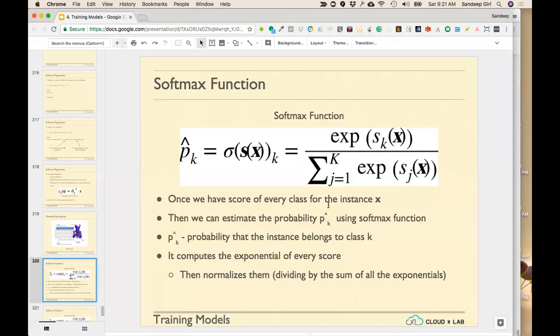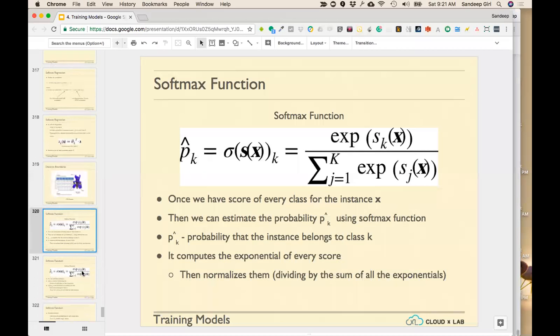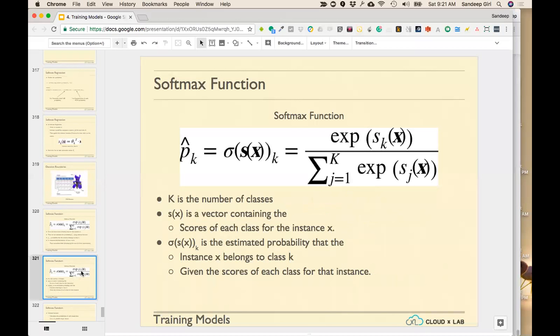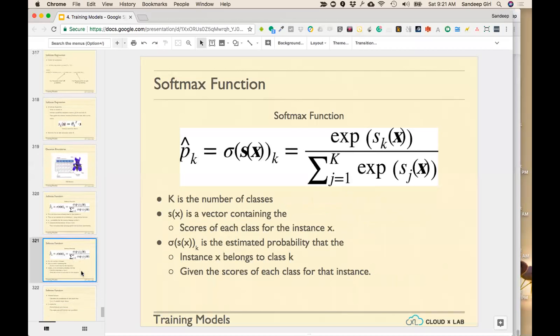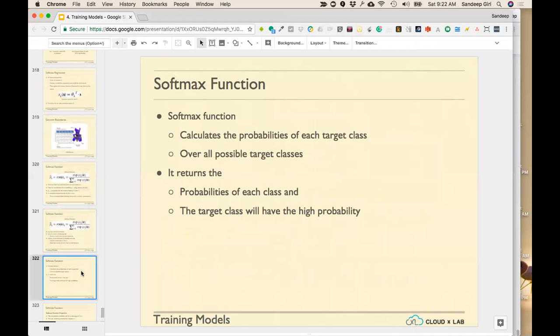Once we have the score for every class, we can estimate the probability P using the softmax function. This P means the probability that the instance belongs to the class K. It computes the exponential of every score and then normalizes it. The softmax function calculates the probability of each target class over all possible target classes.